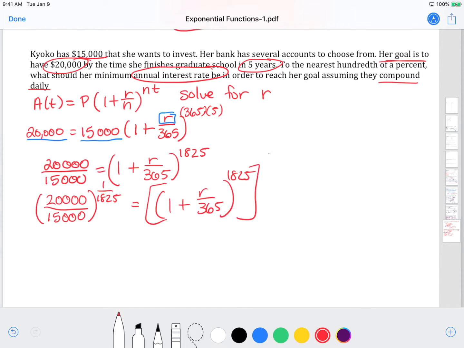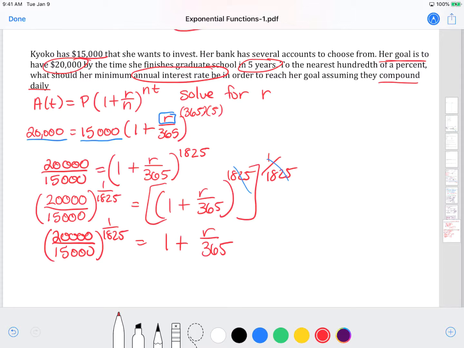So raising both sides to the power of 1 over 1825 gets rid of these. So now I'm left with 20,000 over 15,000 raised to the power of 1 over 1825 is equal to 1 plus r over 365. So now to keep solving for r, I'm going to subtract 1 from both sides.